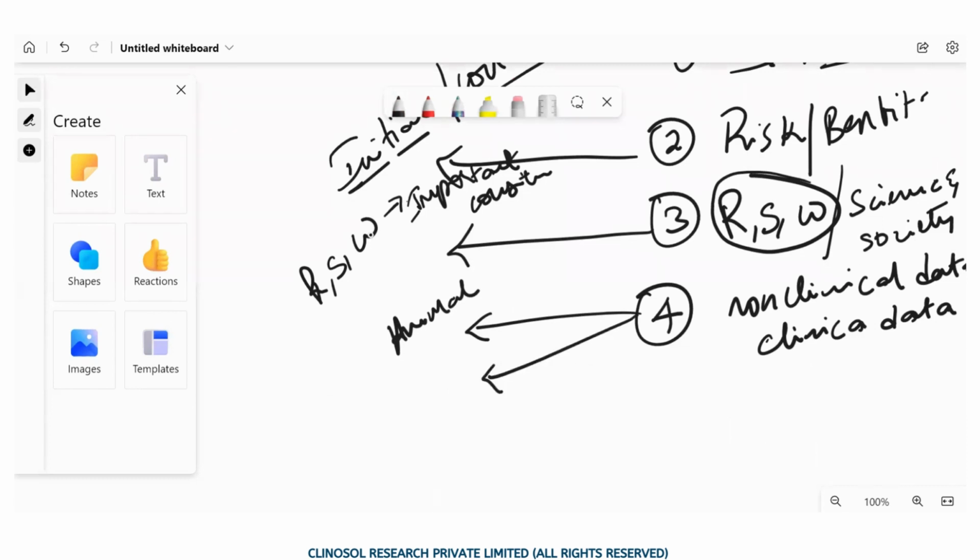Clinical studies are those which include human beings. Non-clinical and clinical data should be adequate. You should have adequate information and justification for conducting a clinical trial. Say, for example, I'm giving a vague example here: you have a drug, and the drug has efficacy in diabetes.